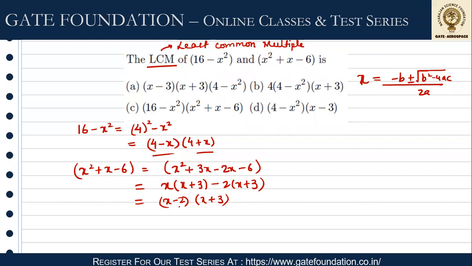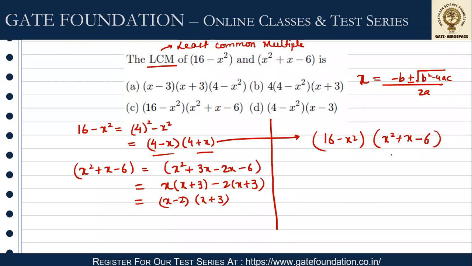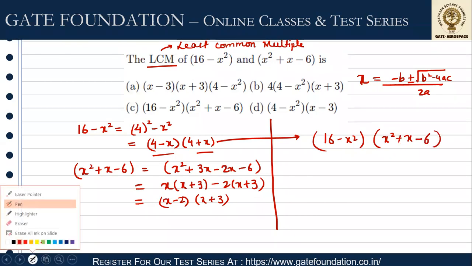Now, since there is nothing common between these two terms, I'll just multiply them. So the LCM will be 16 minus x square times x square plus x minus 6. This is going to be your final answer, because there is nothing common.